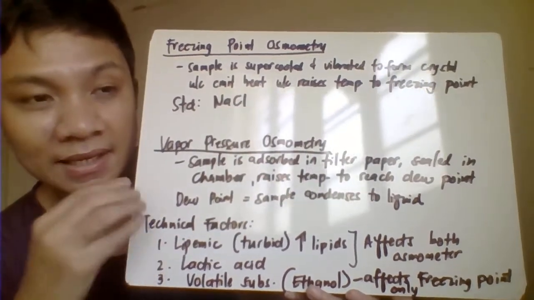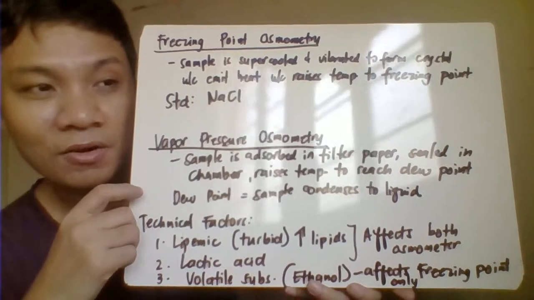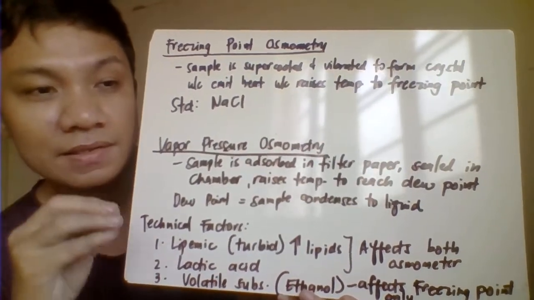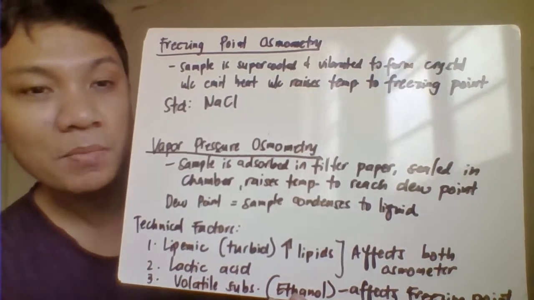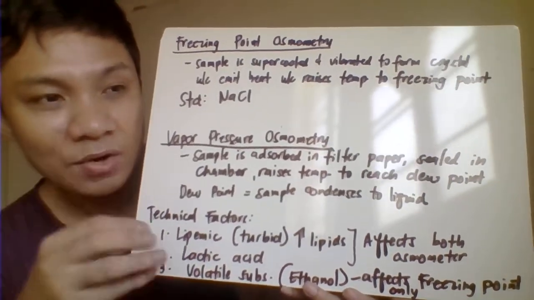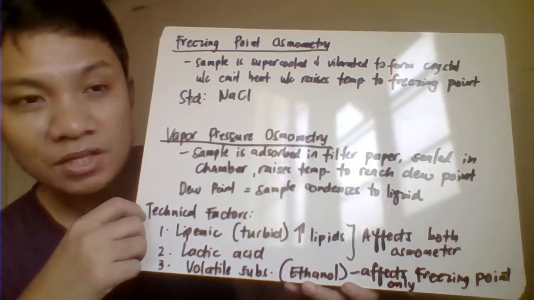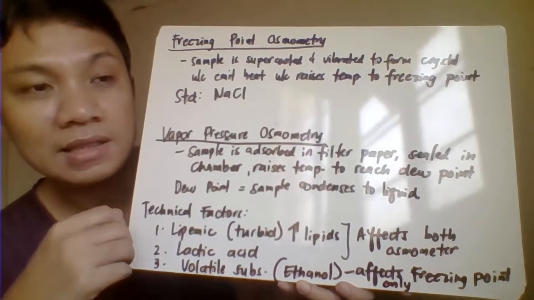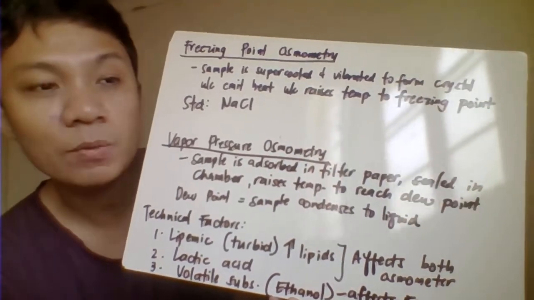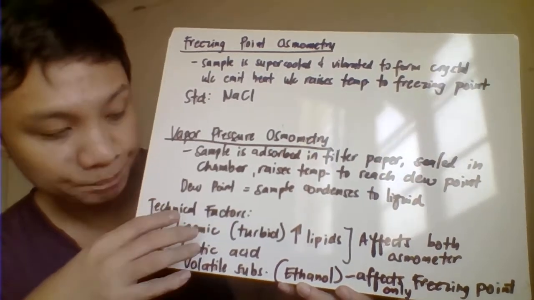Okay, so ganun din, ang unknown substance mo, ang sample mo, kung gusto mo malaman kung anong kanyang vapor pressure, ilalagay mo siya sa filter paper, ilalagay mo siya sa chamber, and then try to seal that one and try to obtain the temperature until ma-reach niya ang kanyang dew point temperature. Until mag-produce siya ng liquid or try to condense, that becomes the dew point temperature.